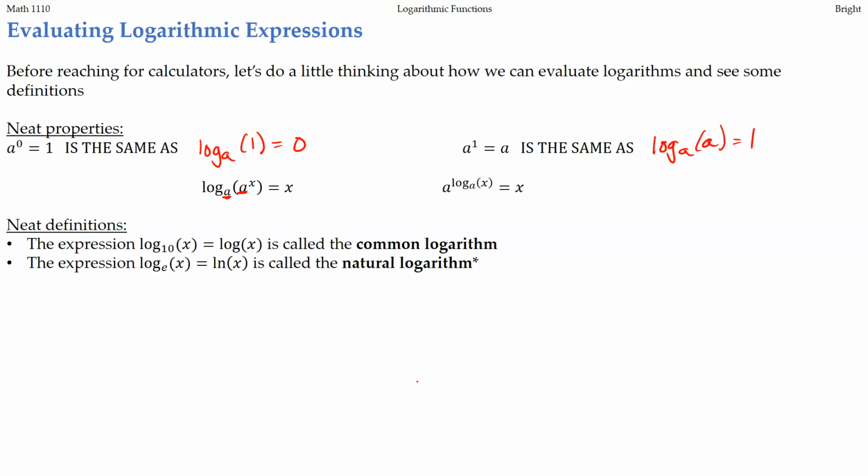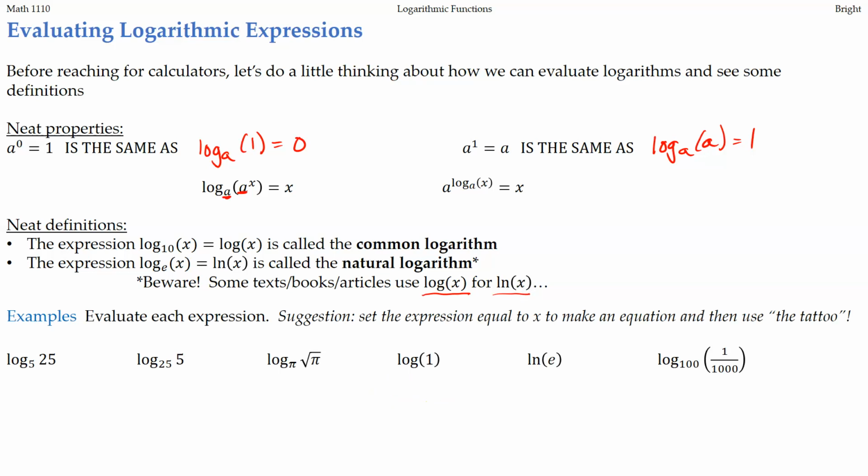The only thing that I want to make you aware of is that some textbooks, and I've encountered this many times, write log x when they mean ln x. Just be aware as you go on in your professional life.